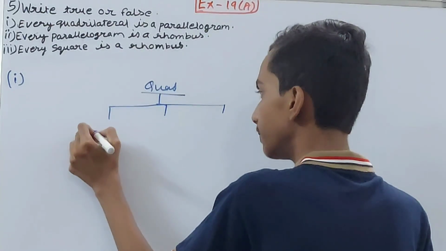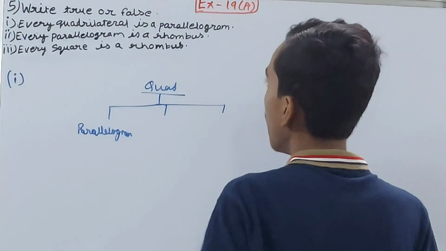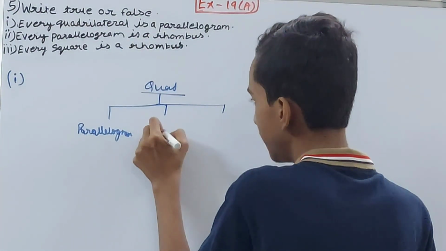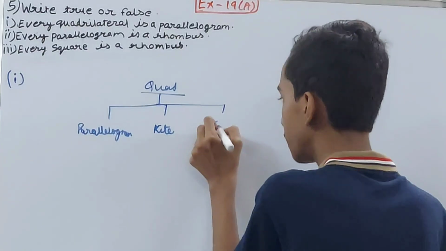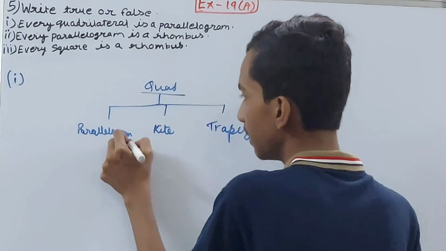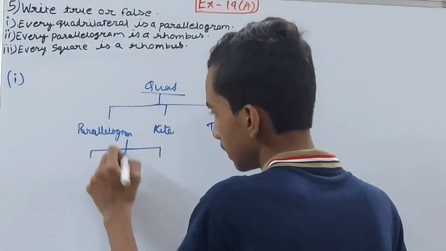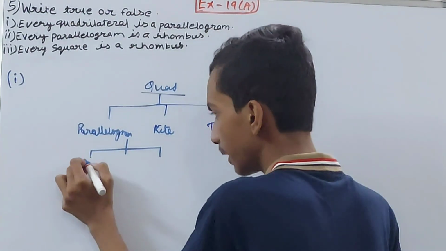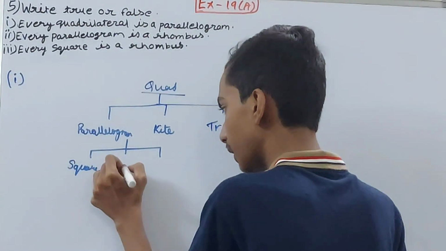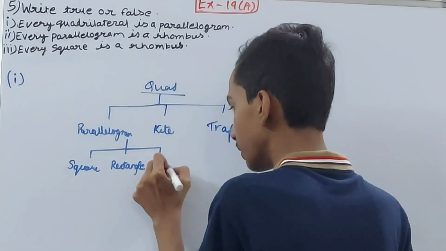One is the parallelogram, other is the kite, and the last one is the trapezium. Then the parallelogram has three sub-types: square, rectangle, and rhombus.